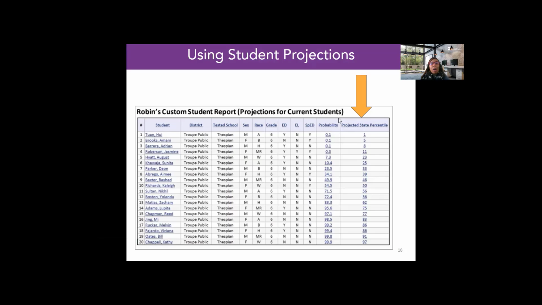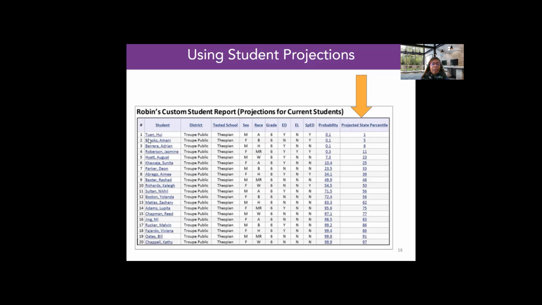Right. And so what we ask that teachers do is we ask you to, one, sort. In Navigator Portal, you can sort this by just clicking on state projected percentile, the little arrow. You want to sort this from lowest to highest percentile. That's step one. You always want to sort them from lowest to highest percentile. Right.